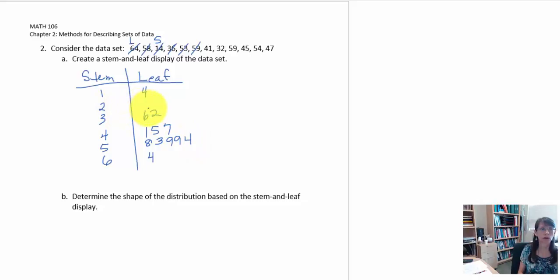So you'll notice there are no leaves pairing with 2 because none of our measurements are in the 20s. But we do need to have the stem of 2 included as that placeholder.